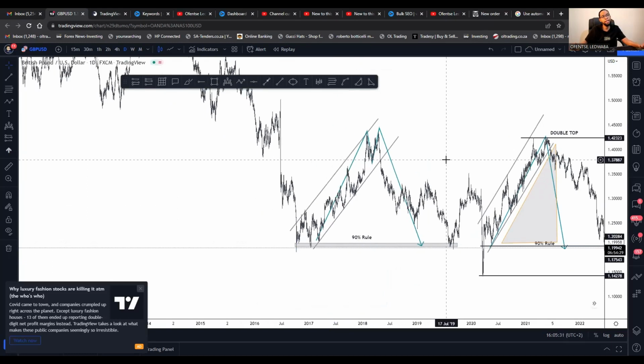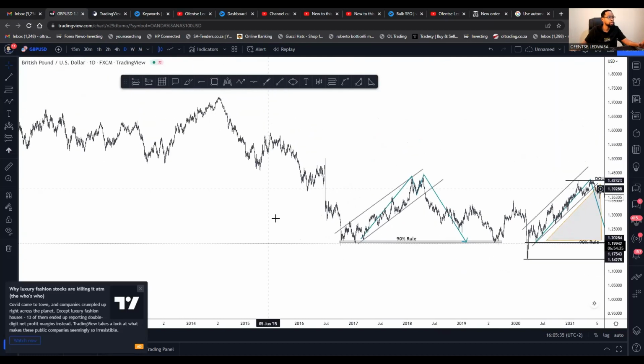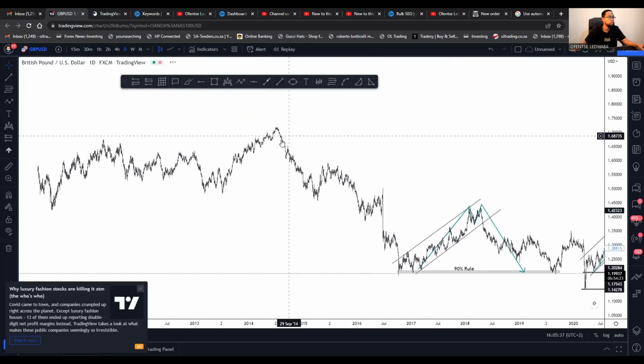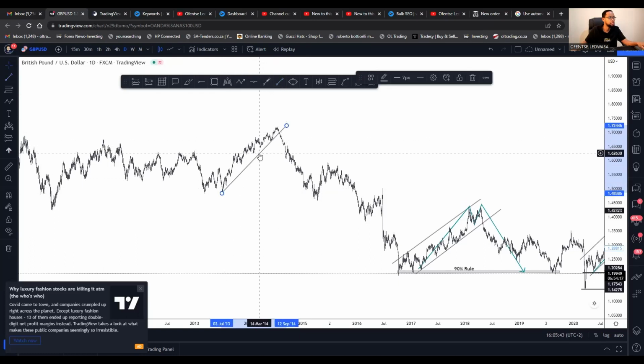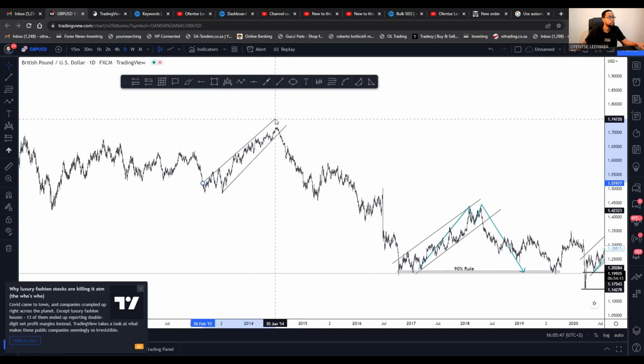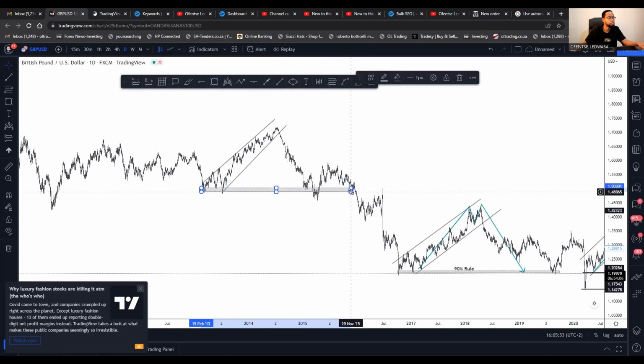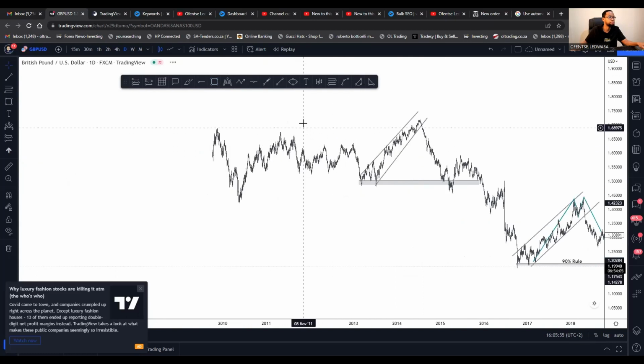Now that you understand what the 90% rule is, I'm going to go back further so that I can show you what's really happening. Here, you can see we are having another break of the structure, and then we pushed down and touched our final TP.